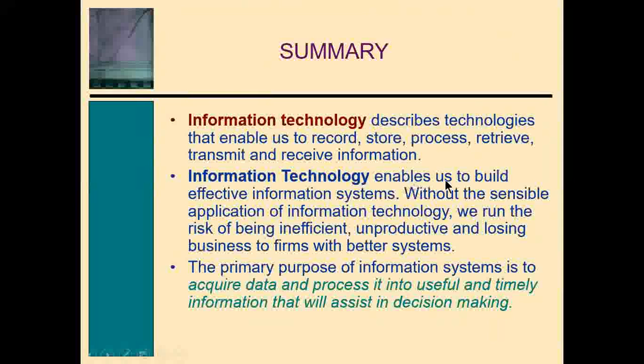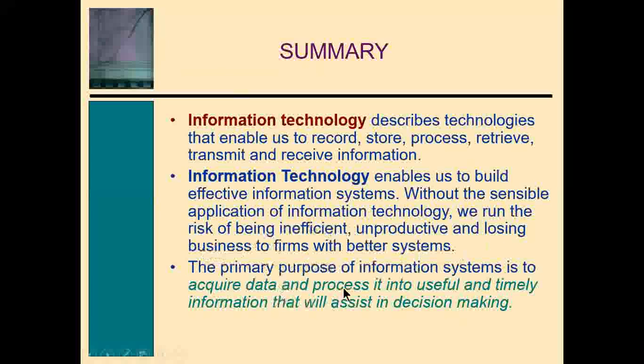Information technology enables us to build effective information systems. Without the sensible application of information technology, we run the risk of being inefficient and unproductive and losing business to firms with better systems.